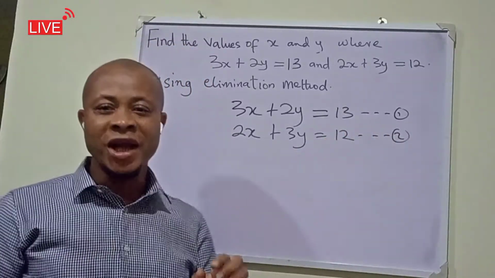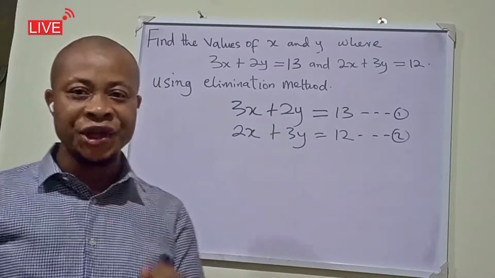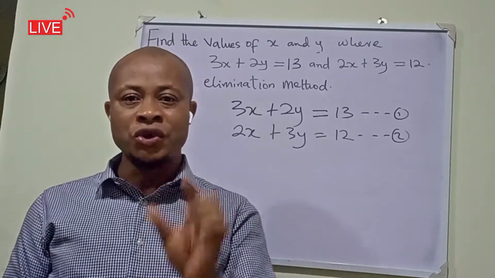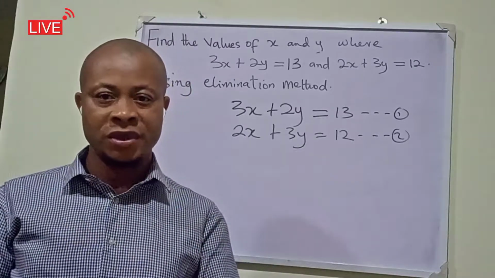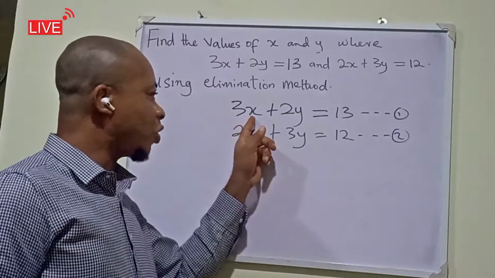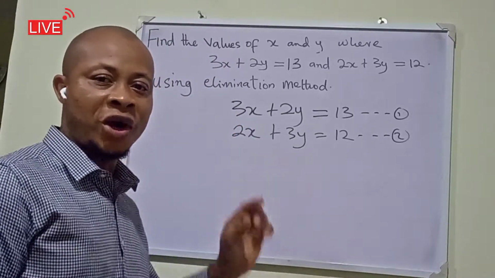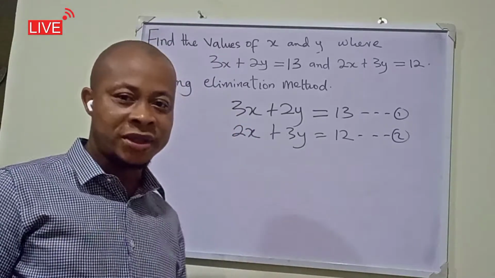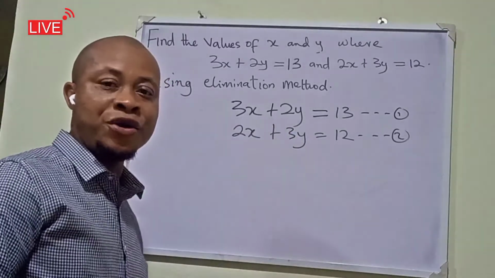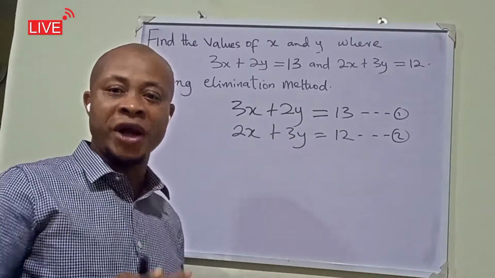Now, the next thing you have to understand is in elimination method, we are going to observe two simple rules. By the way, x and y are known as unknowns or variables.